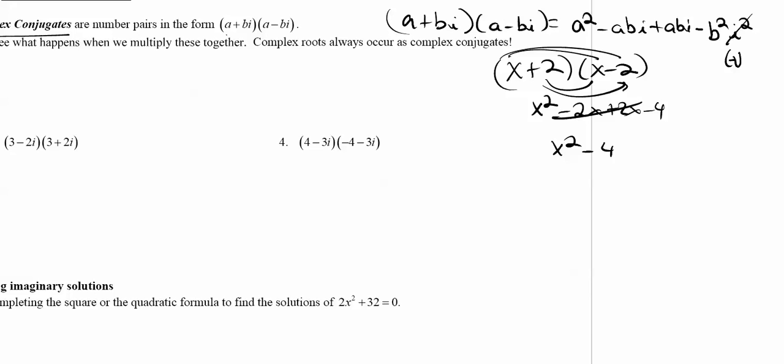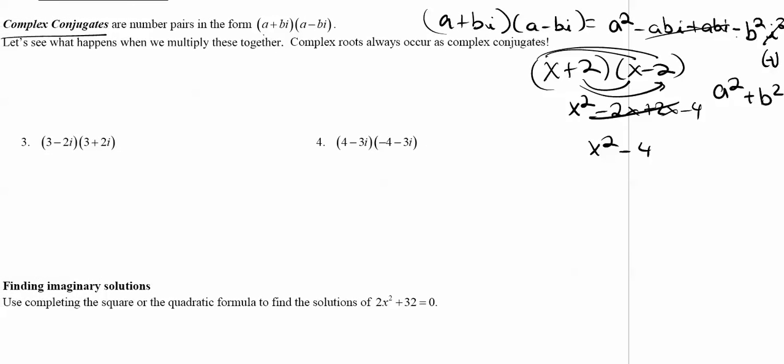So that's going to be replaced. And negative abi and positive abi will actually cancel each other out. So I end up with a squared plus b squared. Why? Because negative b squared times negative 1 actually gives me plus b squared. So it's actually very opposite of a difference of squares, because we are using imaginary numbers, and so we're adding our last term instead of subtracting it.